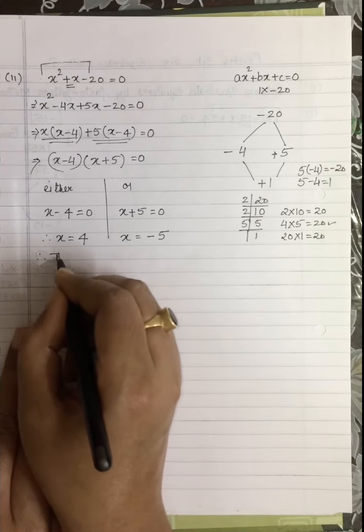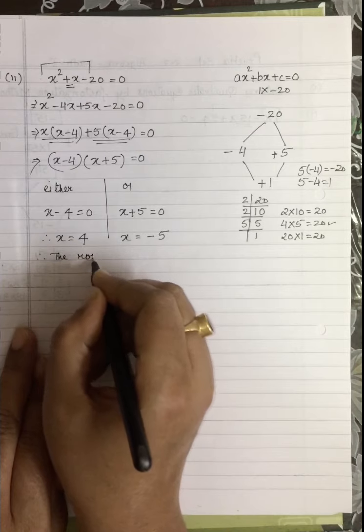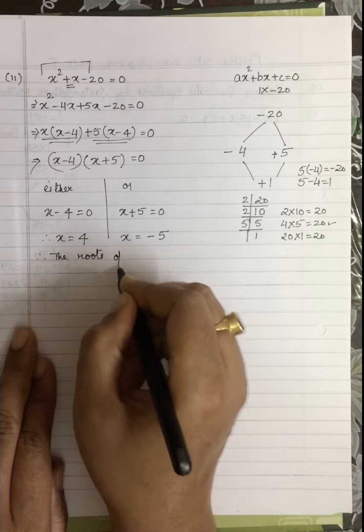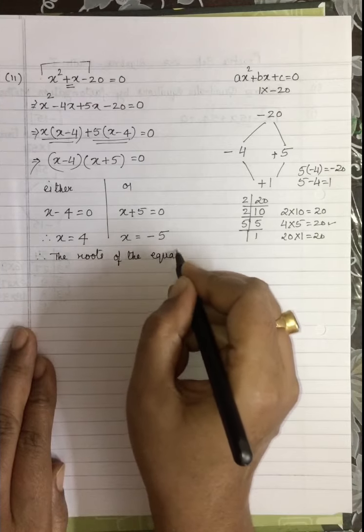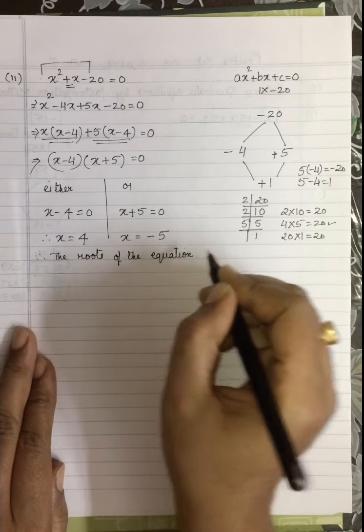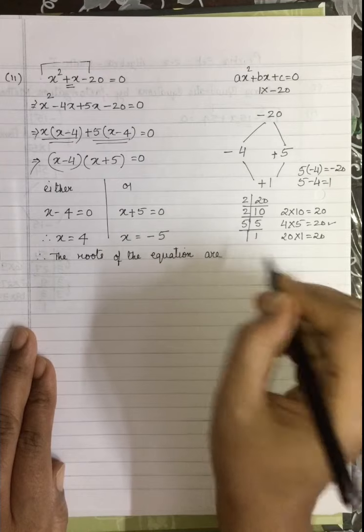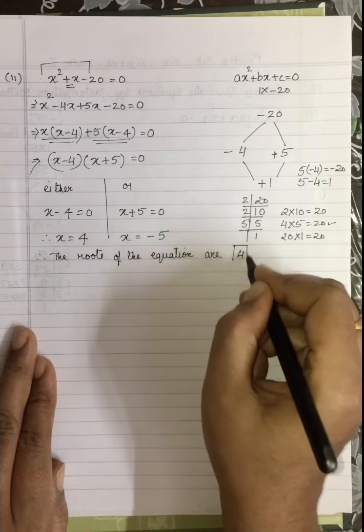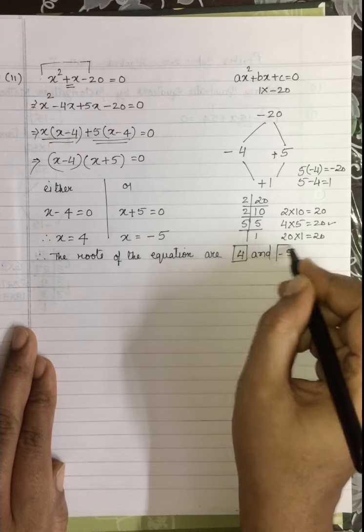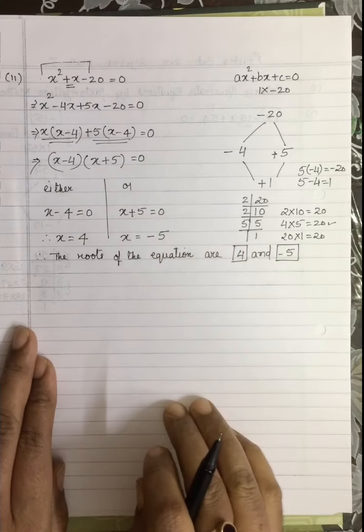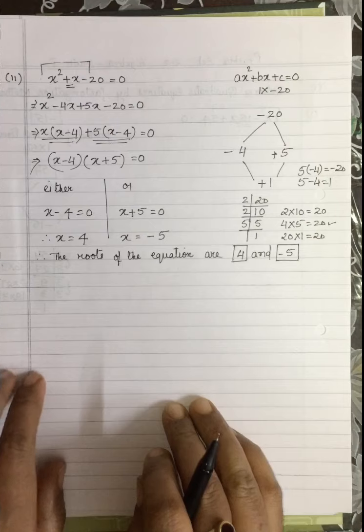Therefore the roots of the given equation are 4 and minus 5. Alright, 4 and minus 5.